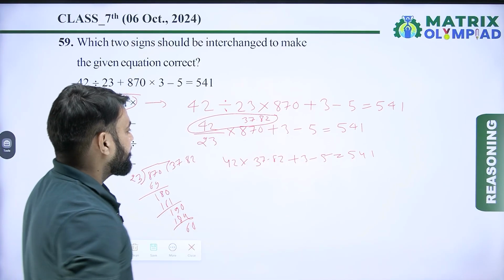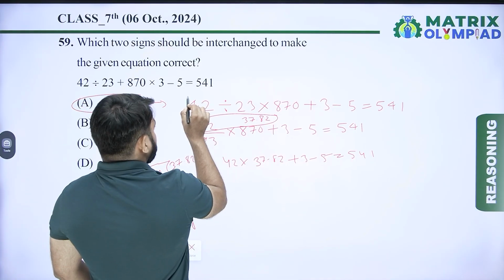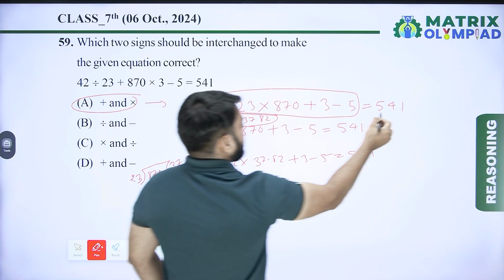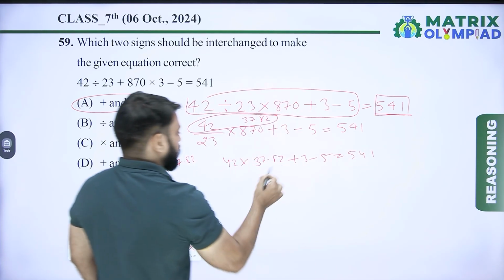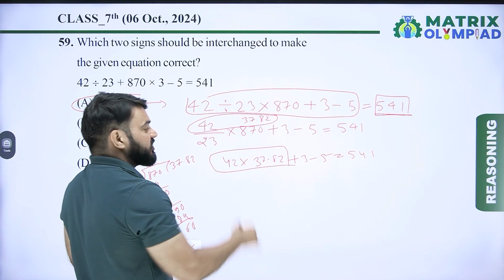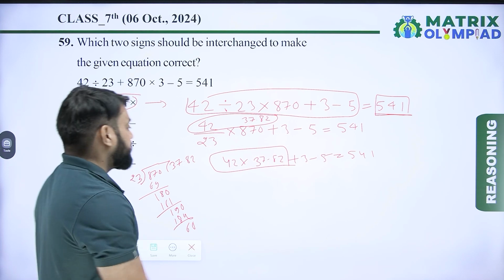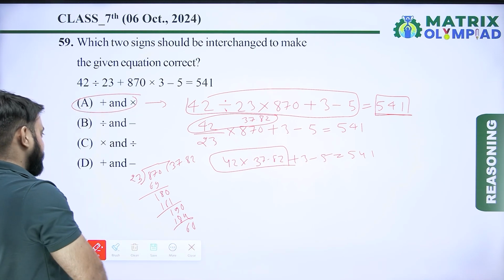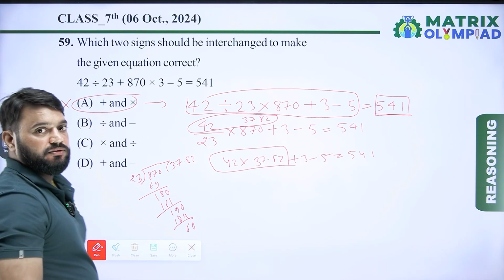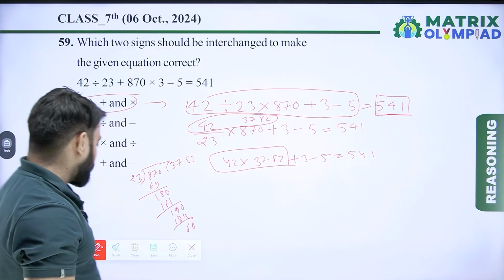So it means value of this equation is a natural number, but product of these two number is not a natural number. So it means option A is incorrect option.